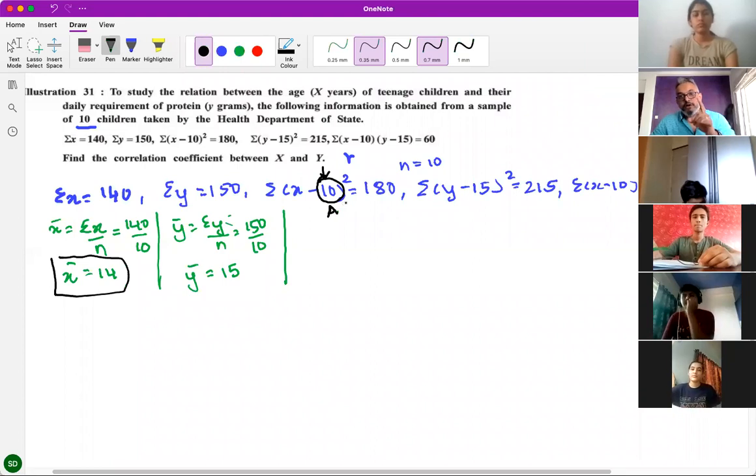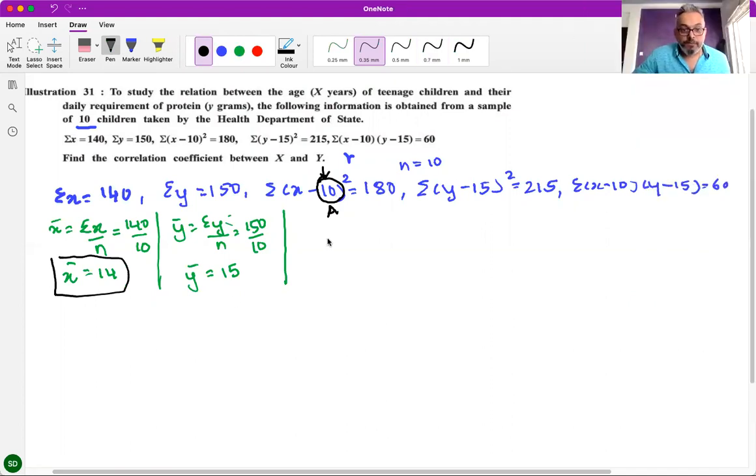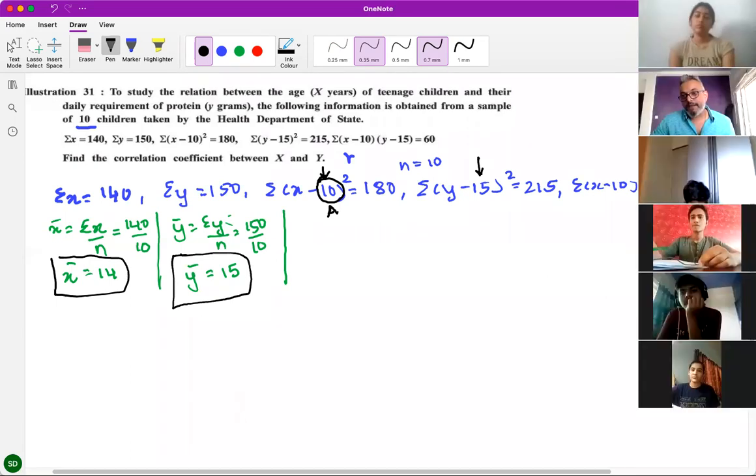So here we cannot take x minus x bar because this is x minus a and not x minus x bar. Then y bar is equal to 15. And over here, y minus 15, this 15 is also y bar. But we cannot have x minus a and y minus y bar as a formula.